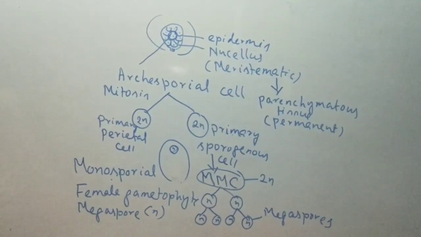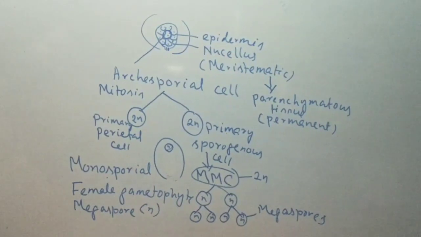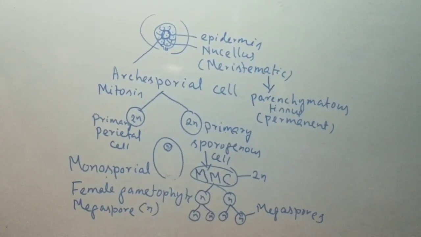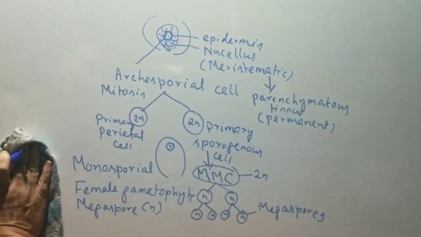So it is the gametophytic generation started, having chromosome number n. This functional megaspore present towards the chalazal end is the starting of the female gametophyte. Now we will develop that female gametophyte.